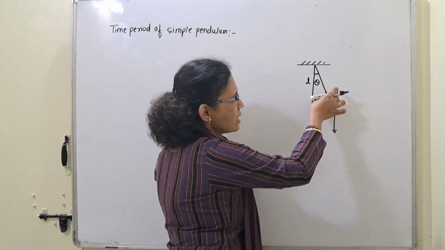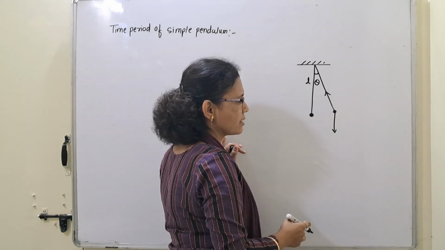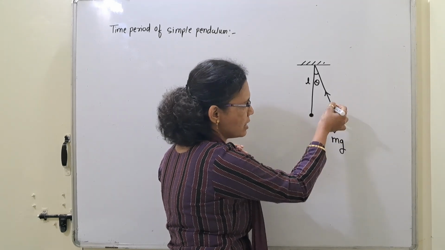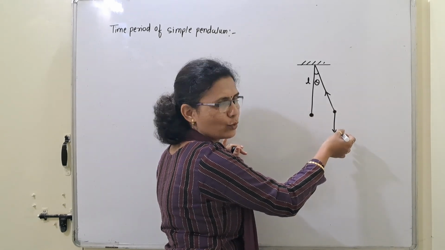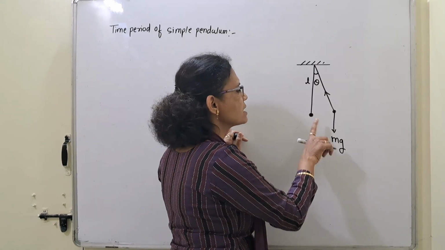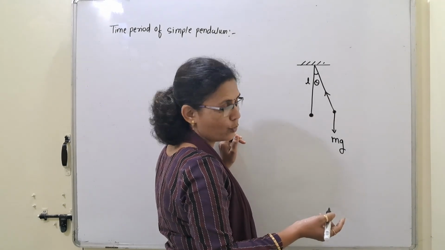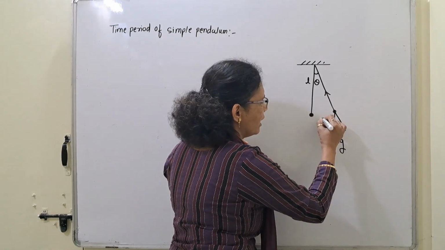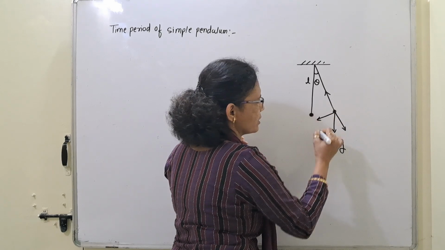Now this tension in the string will get balanced by a component of the weight force mg, because there is no other force to balance this tension. So we will split the weight force mg into its components, this component and this component.